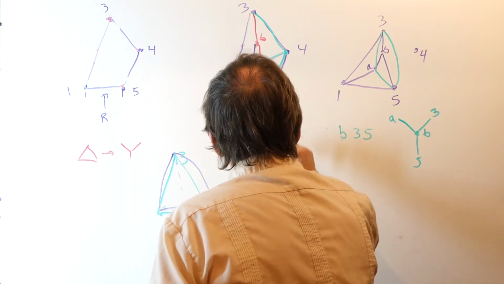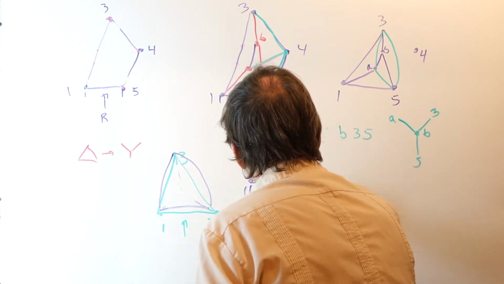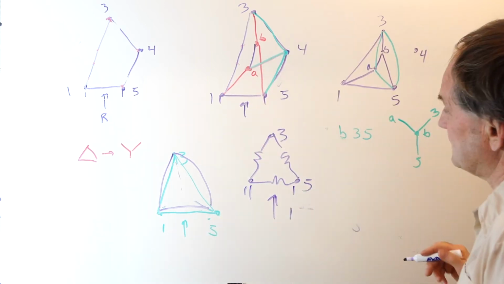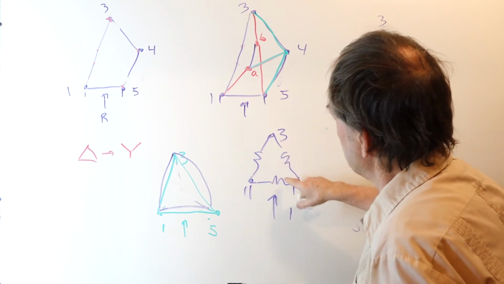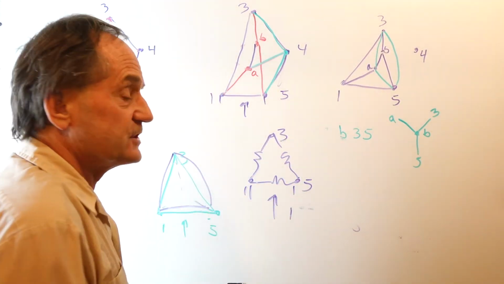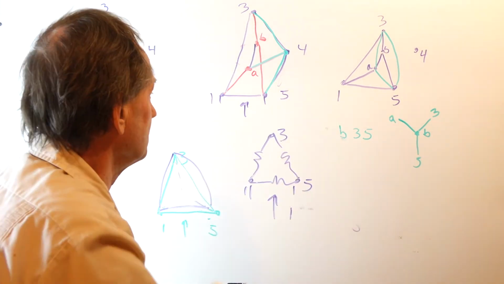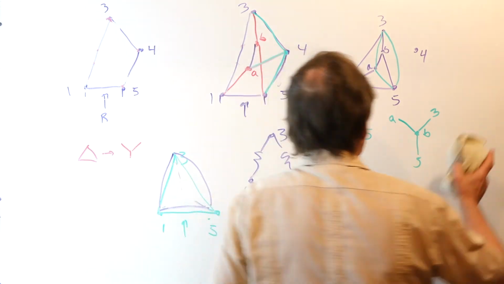So we have an equivalent resistance in here, here, here, and we're looking in here to get the resistance. So we have one resistor in parallel with a series combination. So the network in principle can be solved. You just have to go through all the numbers in doing the Y delta conversions to get the equivalent resistances.